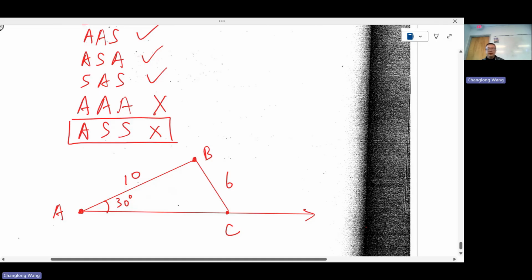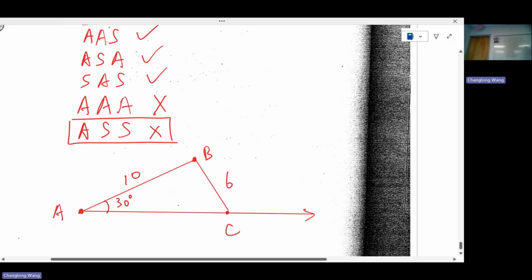So now what we can think about is, will we be able to draw another triangle with the same angle of 30 degrees for BAC and the two fixed sides, 10 and 6, but the angle is not in between? The triangle is going to look different.